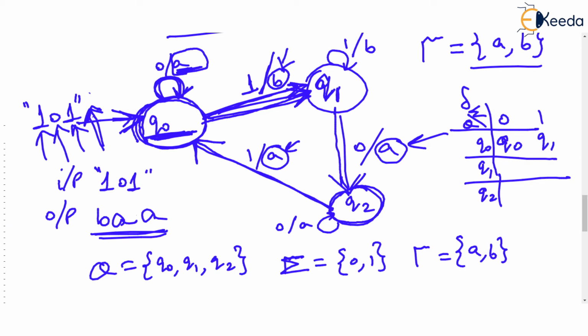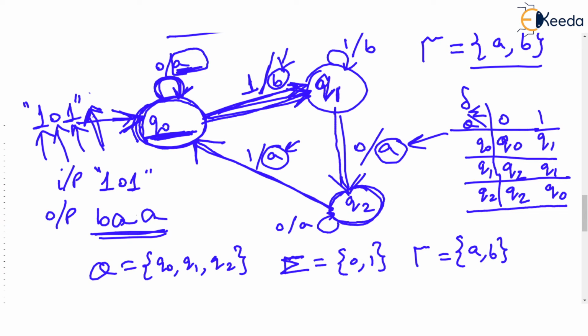Check the diagram. Q1 on reading 0 goes to Q2, but Q1 on reading 1 remains in Q1. And Q2 on reading 0 remains in Q2, but Q2 on reading 1 goes to Q0. This is the same transition table that we used to draw for DFA, NFA, NFA with epsilon moves. So transition is not differing over here.